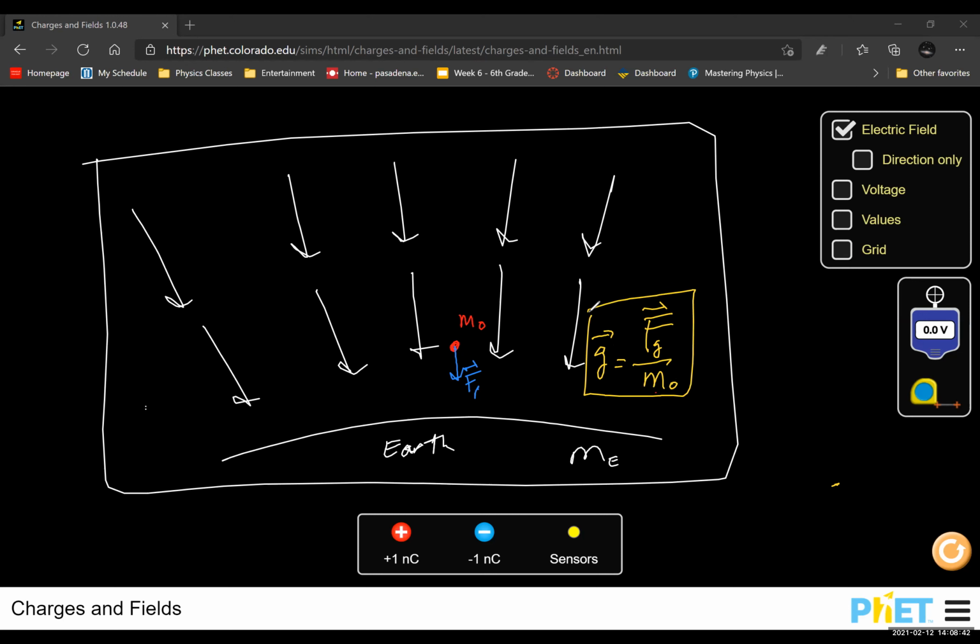G was the gravitational effect of Earth, right? Any test object, be it a rock or an arrow or anything like that, will be affected by that. That means this equation tells you that if you take the force that the field exerts divided by the test mass, you get the effect itself, which is the gravitational effect, the gravitational acceleration. So this is very similar to that.